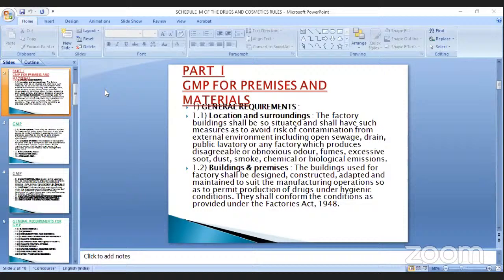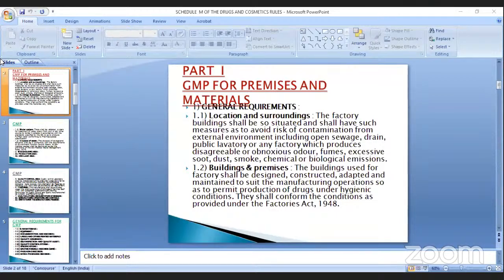So the factory building shall be so situated and shall have such measures as to avoid risk of contamination from external environment, including open sewage.